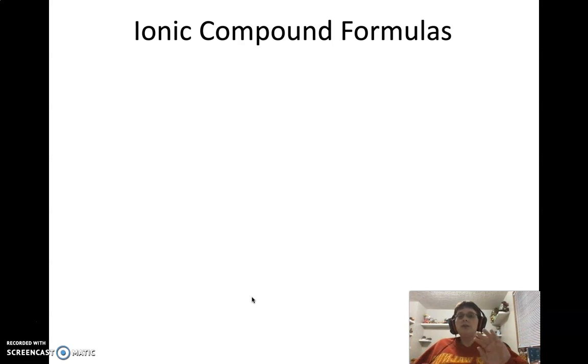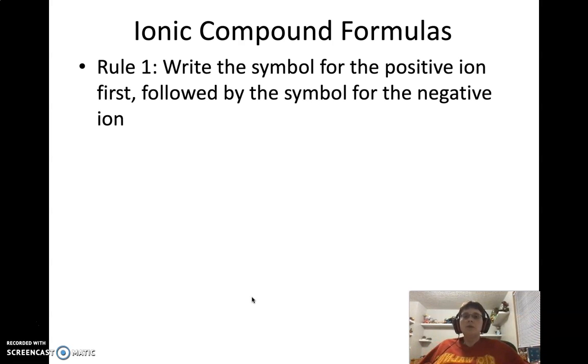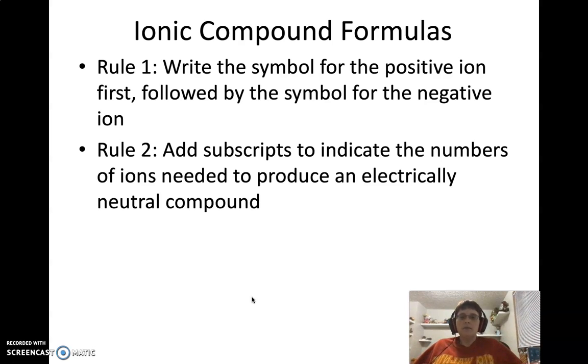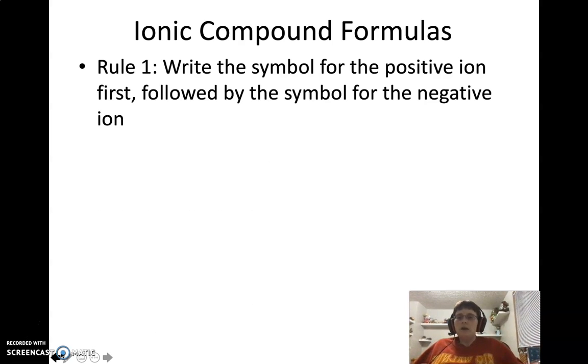Now, if you want to write up the compound formula for that ionic compound, there are a couple of rules. You're going to write the same sort of order. So you're going to put the positive ion first, the metal first, followed by the symbol for the negative ion, so the non-metal second. So if we use our example, well, we won't use sodium chloride because that won't help.